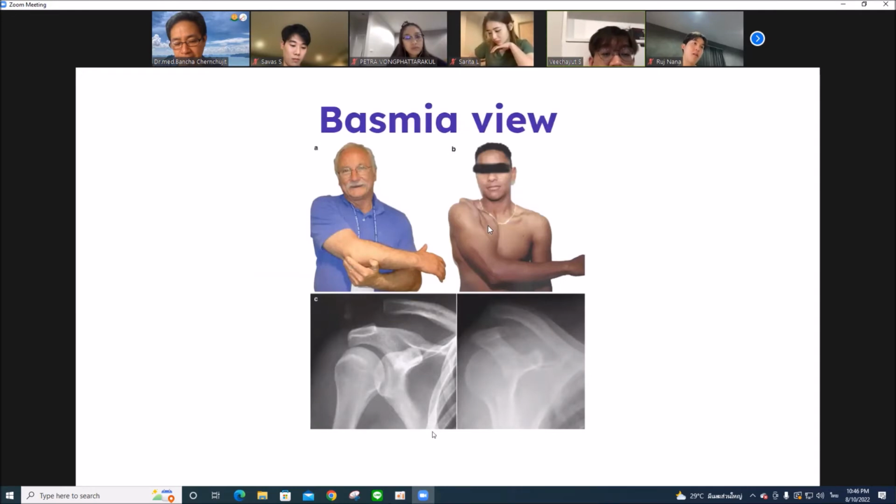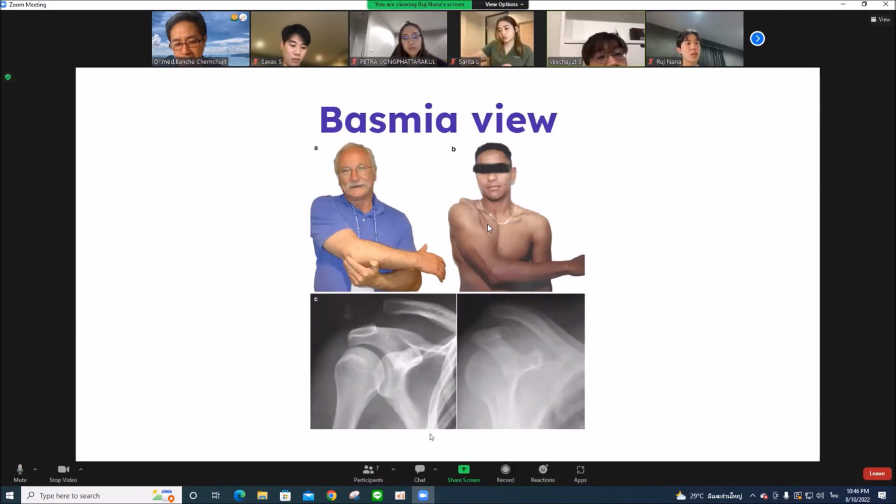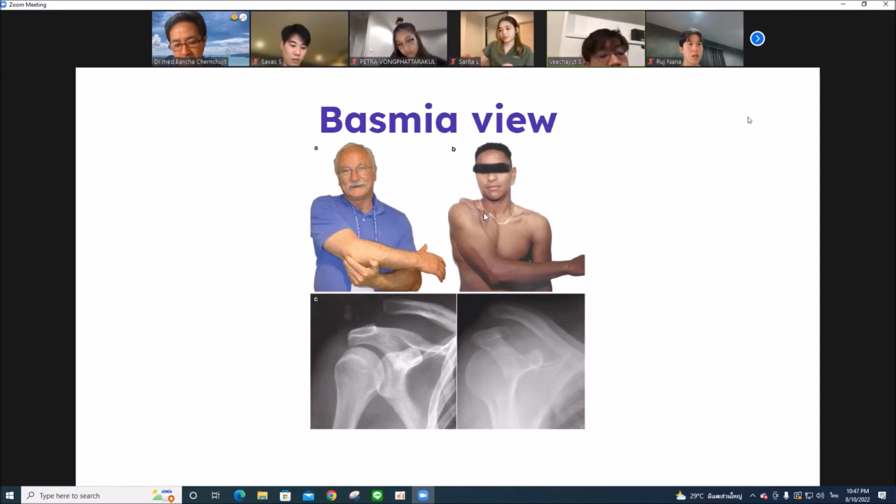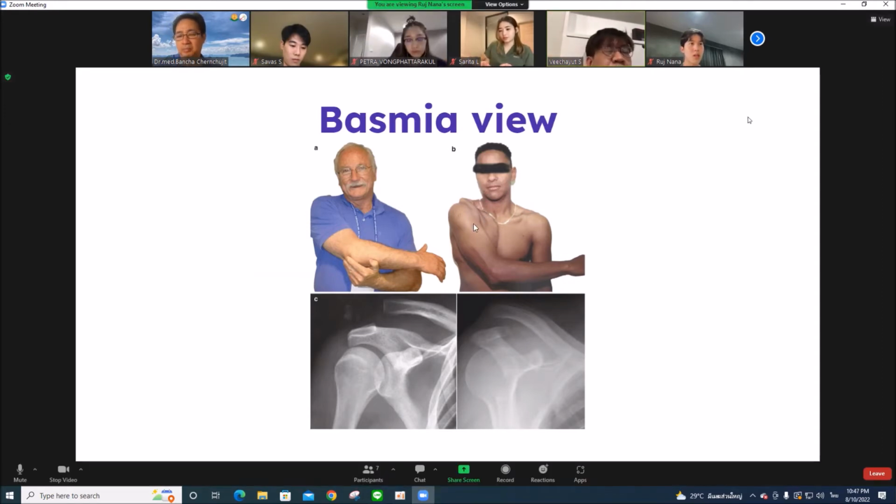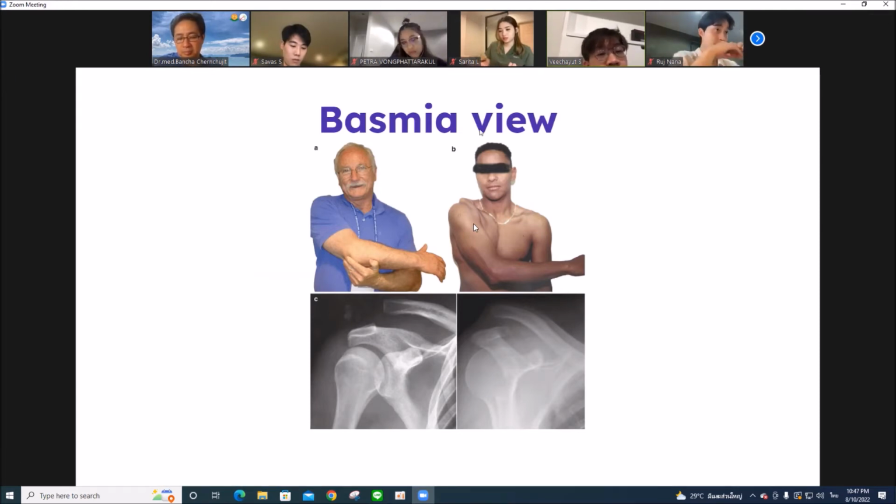It's called the Basmania view, also known as the cross-body adduction view. In this view, when you adduct your arm, since the clavicle is stabilized by the SC joint, it will move superior. The AC joint will displace with scapular protraction. Doing this way, you move the scapula forward, right?